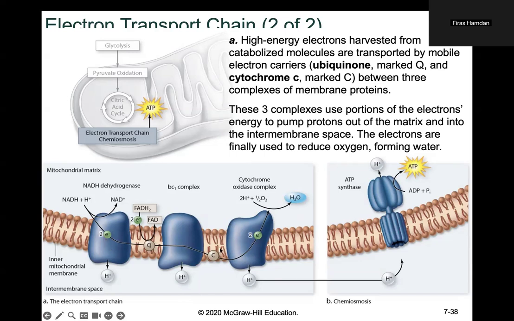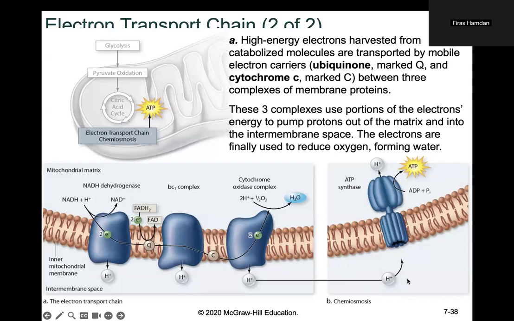So it's the passing of these electrons that is literally giving energy to these pumps to push out hydrogens. Why would you need hydrogens to be pumped out? Well, what you've done is you've created a very big gradient, where the intermembrane space has much more hydrogens, so it's much more positive compared to your mitochondrial matrix.